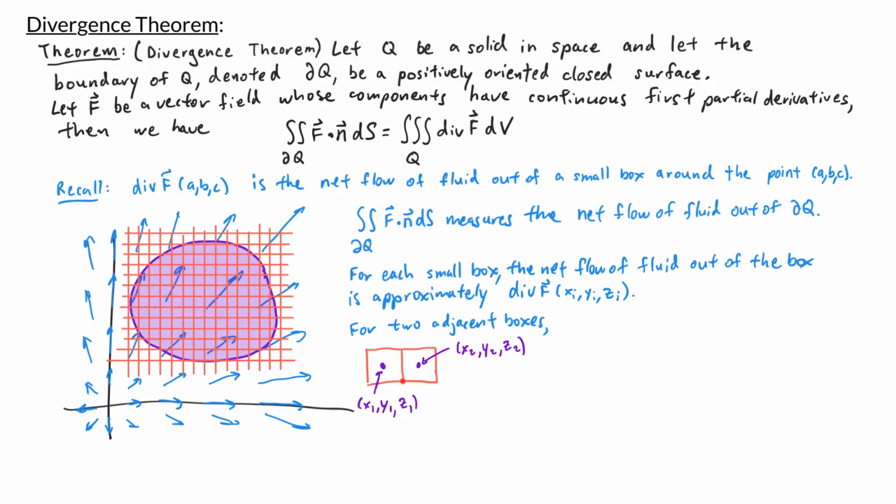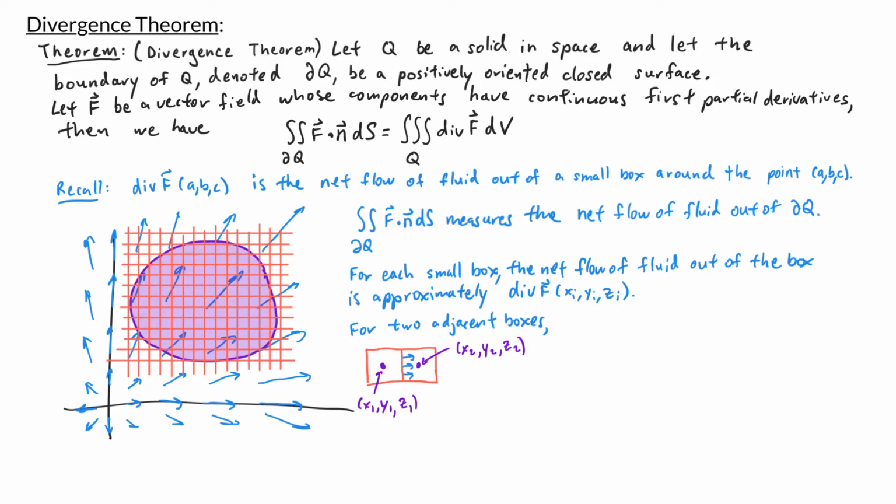Now let's look at this middle edge here. And suppose that my vector field points to the right like this. When I'm calculating the divergence of F at (x1, y1, z1), then the flow across this middle edge is going to be some positive quantity because fluid is flowing out of the box on that edge.